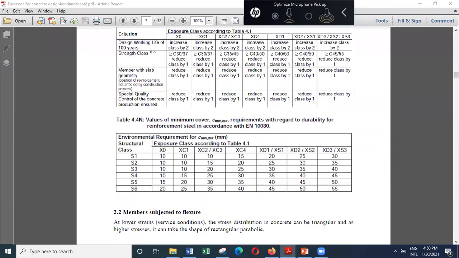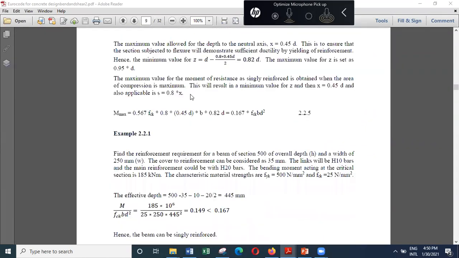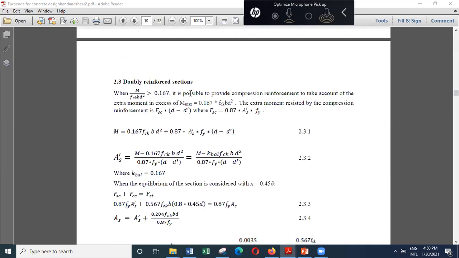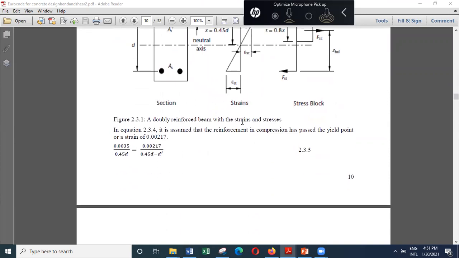The way that we can remain there is to be close to this, then we can remain close to 0.00217, no more. But when you are moving this way, then we are reducing. So that's why we have to check this D dash over D value.